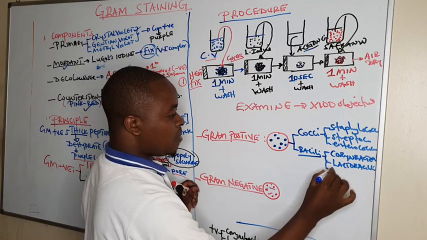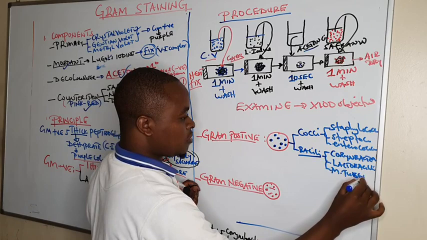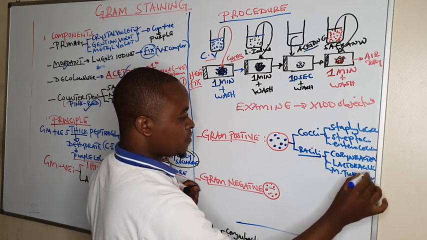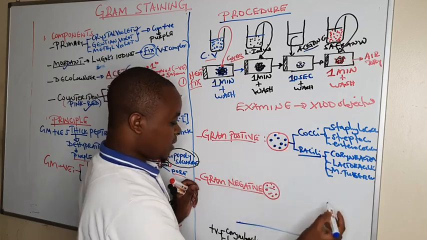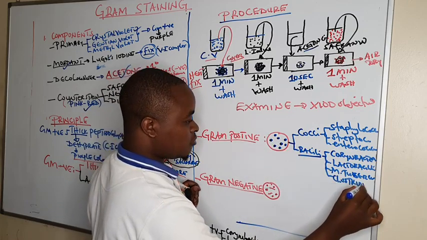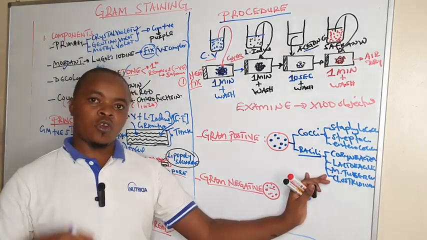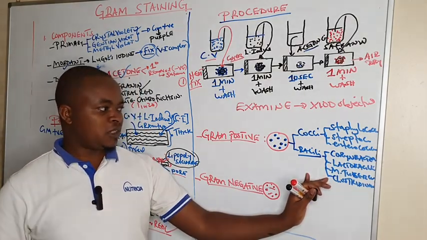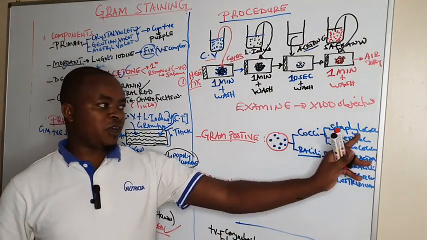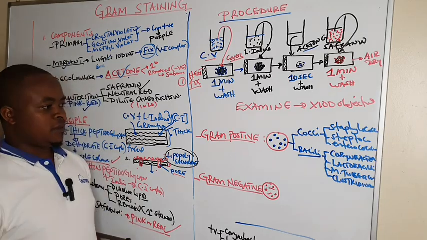We have the Mycobacterium tuberculosis, which causes TB. Another example is Clostridium species. These are examples of bacilli which are gram-positive. Then the cocci which are gram-positive, we have Staphylococcus, Streptococcus, and Enterococcus.